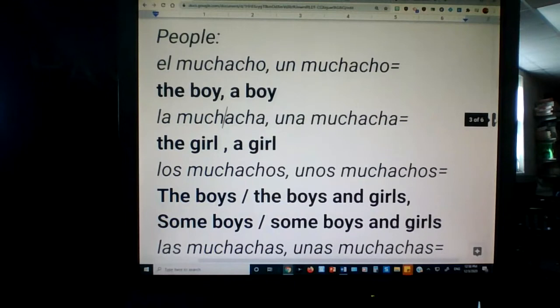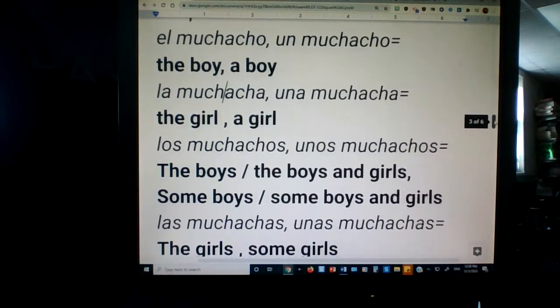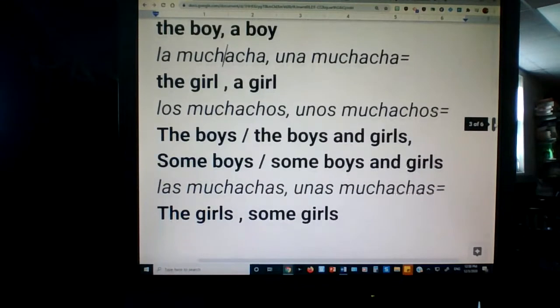Now here's where it gets confusing. Here we go. Los muchachos are the boys. But if there is a group of boys and girls, you identify them as los muchachos.